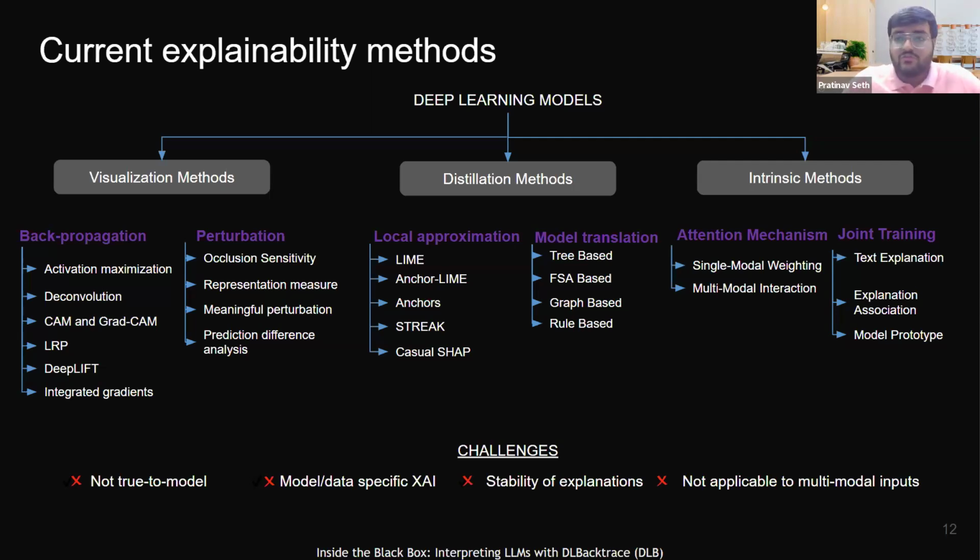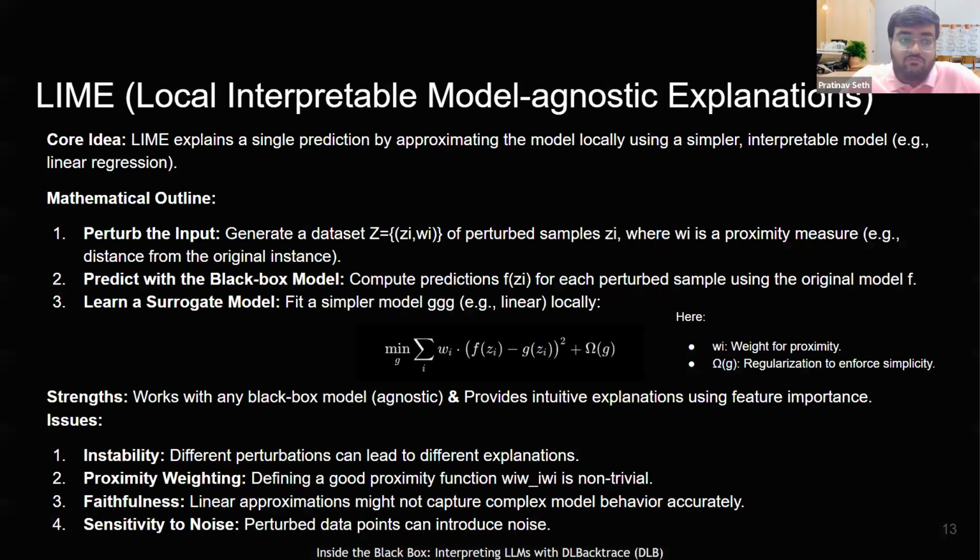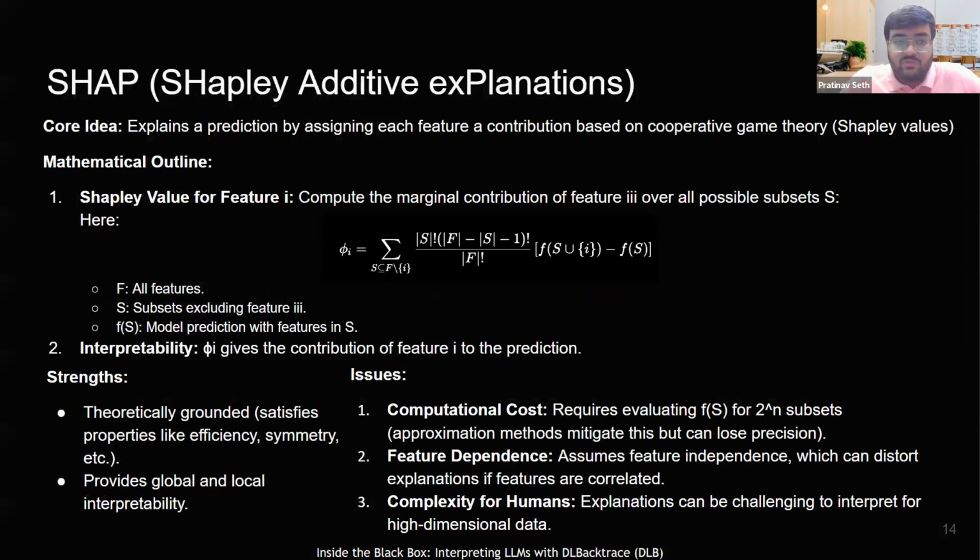So with this, I'll quickly go through each of the commonly used methods. You have LIME, which is a surrogate modeling method, probably the most used in explanation these days. Similarly, you have SHAP, which is based on Shapley values. Both are very popular surrogate-based methods, used especially for tabular data.